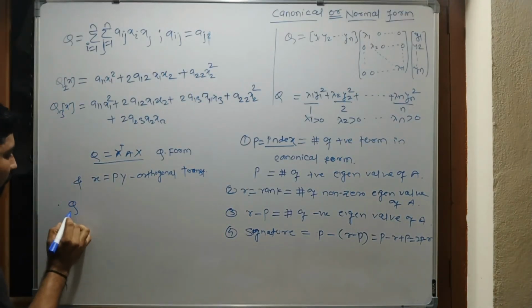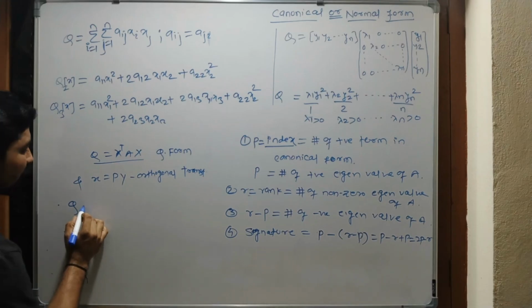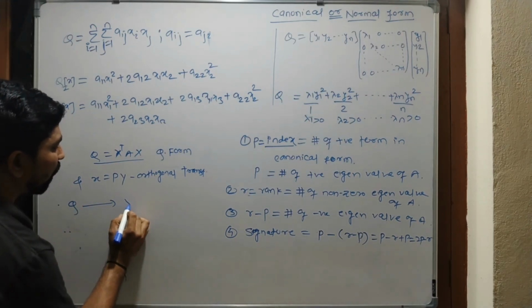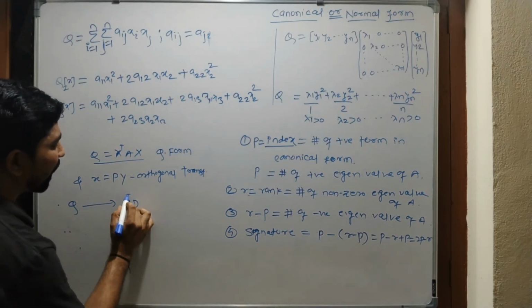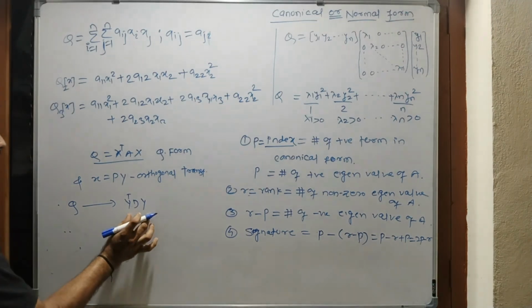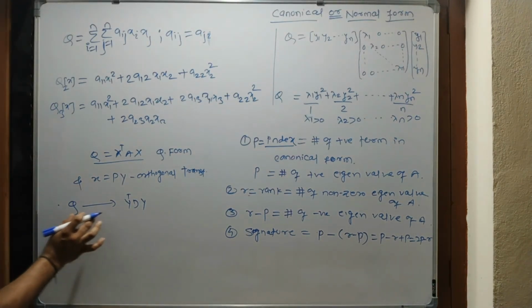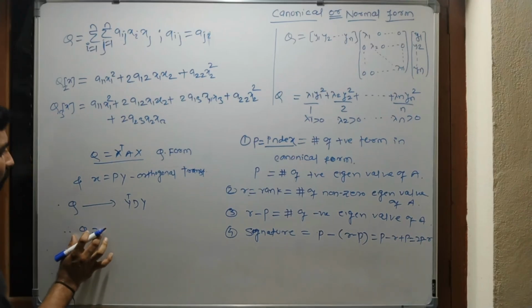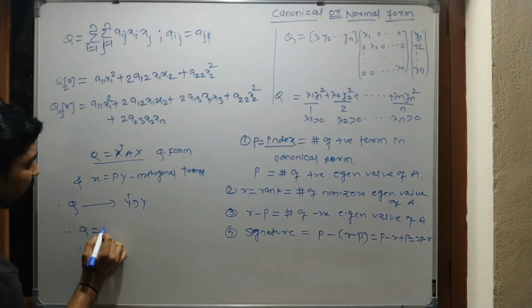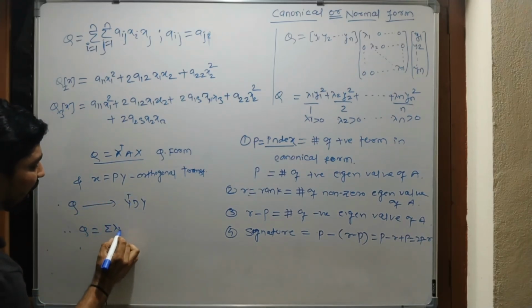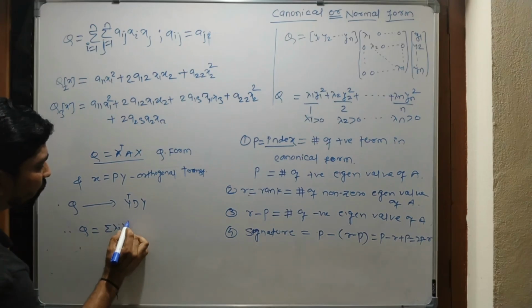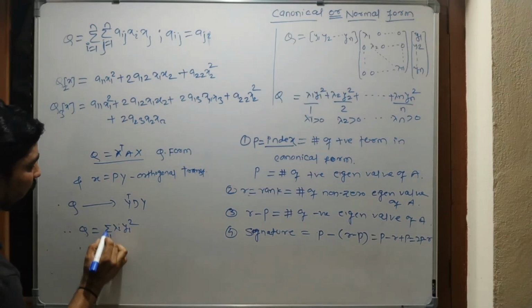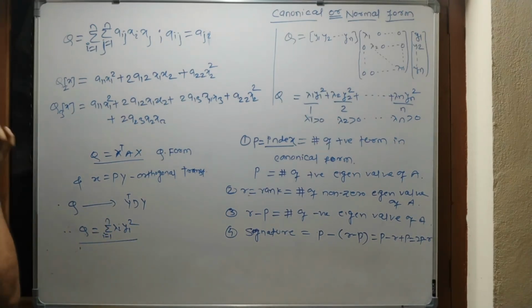Then Q transforms to Y transpose DY, which is the normal form. That is, Q equal to X transpose AX becomes Q equal to summation lambda i yi square, i running from 1 to n. So this is my normal form.